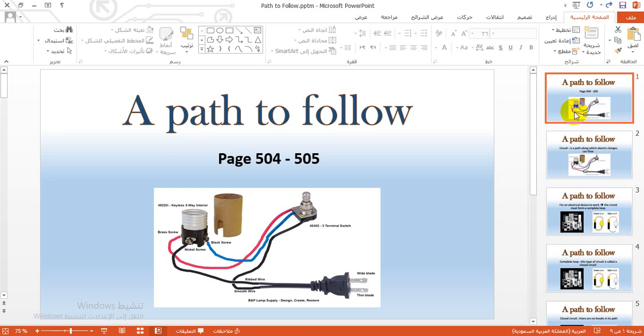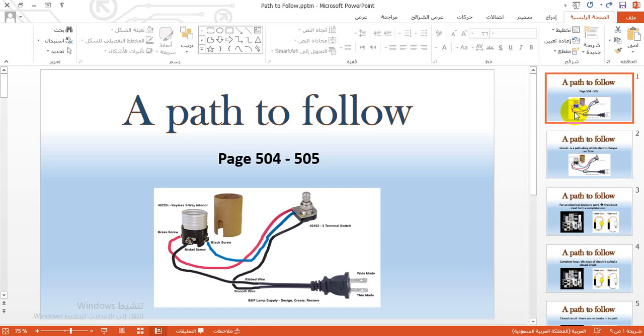For that reason, the workers wear clothes made of insulators like plastic and rubber. We're only revising the previous information, because the previous lesson is always related to the next lesson.